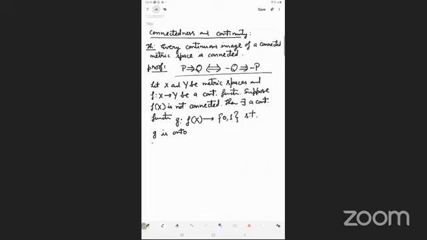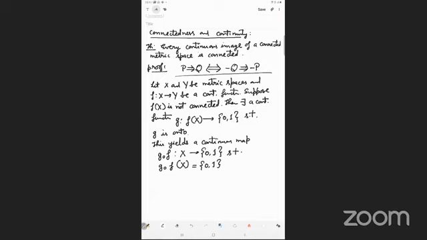Okay. This yields a continuous map g∘f from X to {0, 1} such that g∘f(X) is {0, 1}.